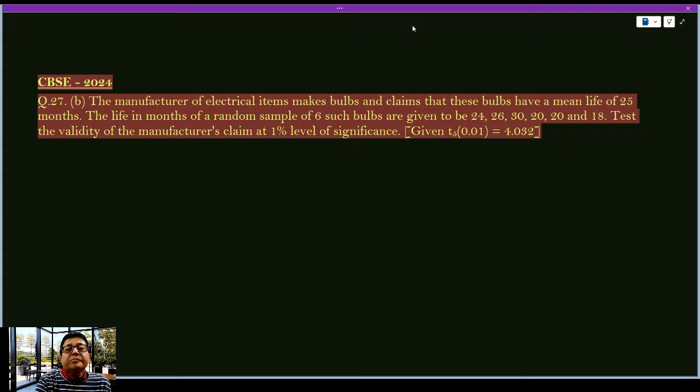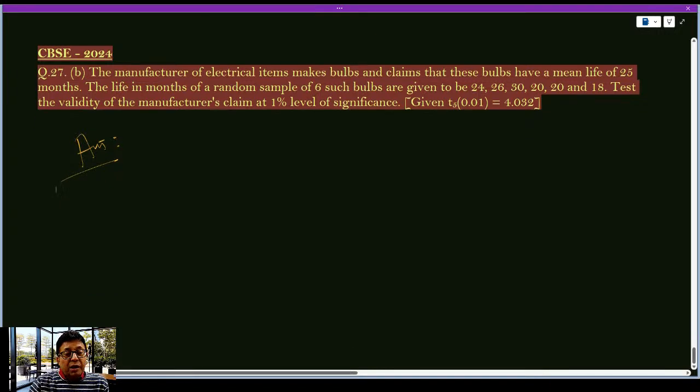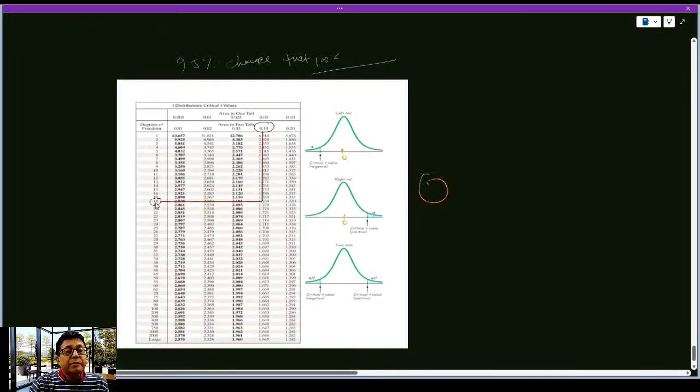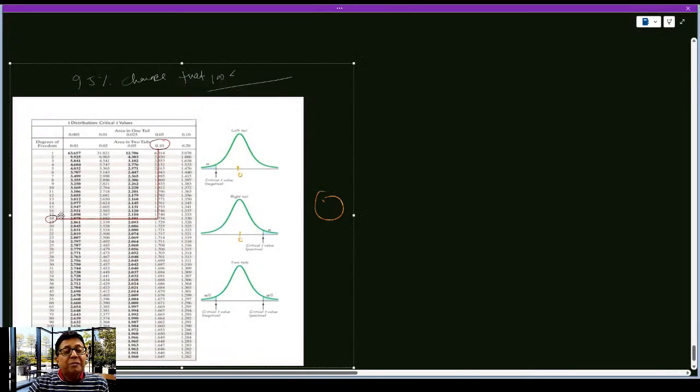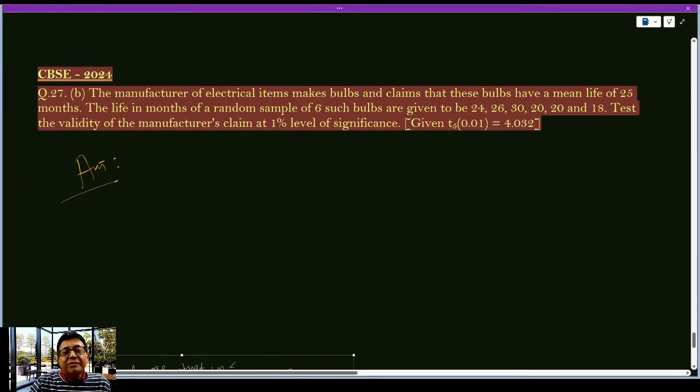Okay? You have to answer in the same manner. I'll keep the table ready here. Yeah, this is the table. But this mark has become permanent. Okay, we'll manage.